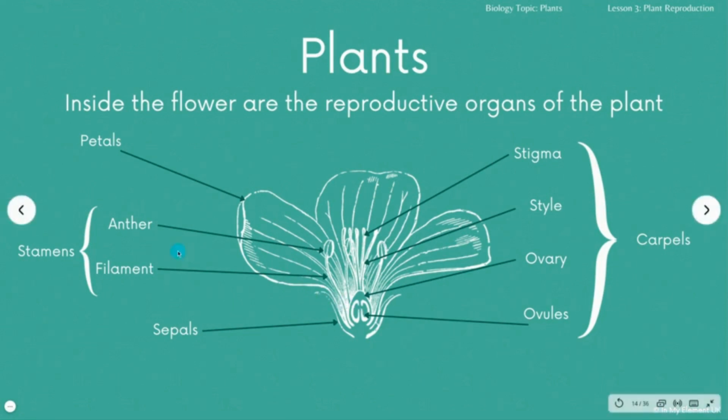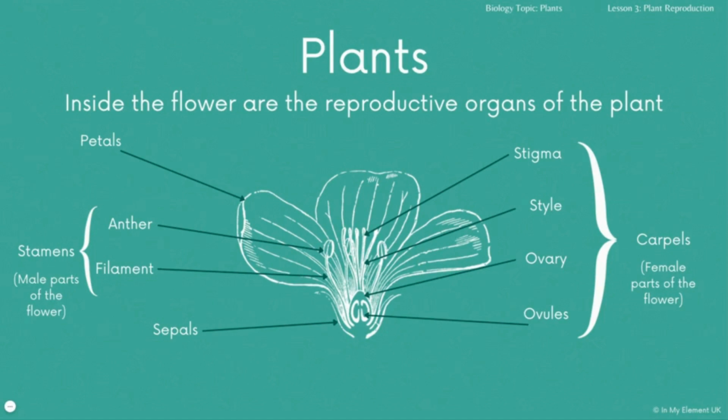What you've got to remember is that the pollen grains that are made on the anther need to be transported from the stamen to the stigma, so to go from the male reproductive organs to the female reproductive organs.